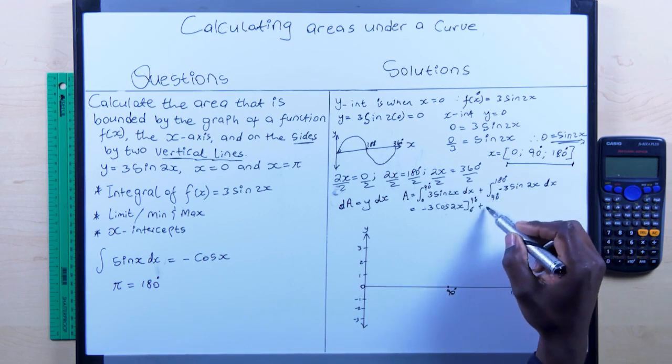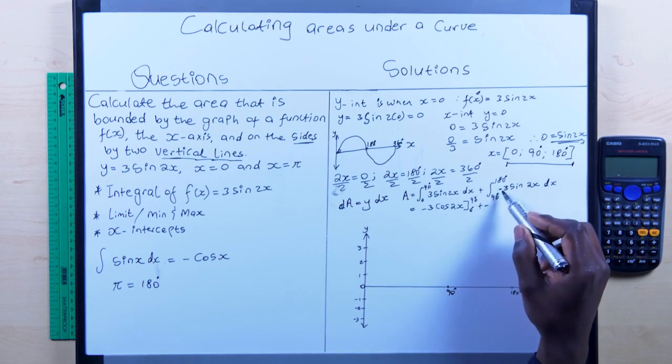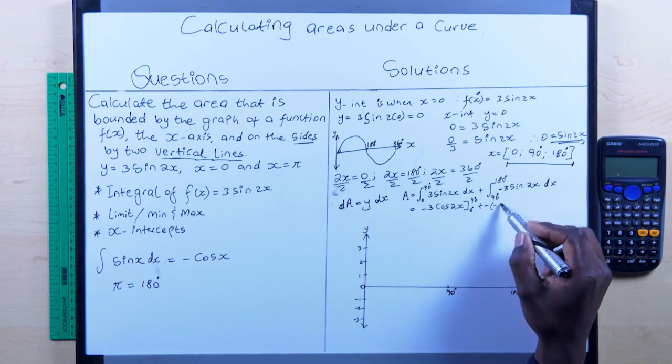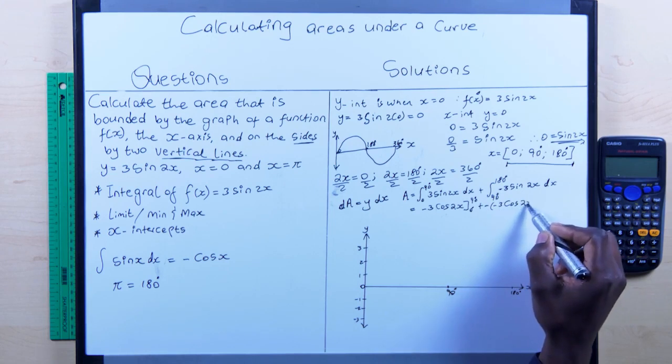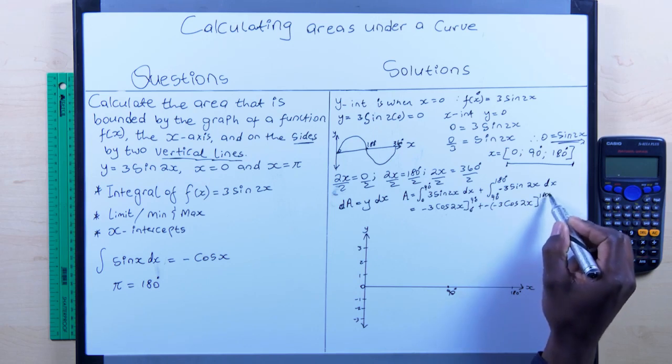But now this has a minus. So minus, this minus, then you integrate. It's plus, minus, this current minus which exists here. Then you integrate this, which becomes minus 3 cos 2x, between 180 degrees and 90 degrees.